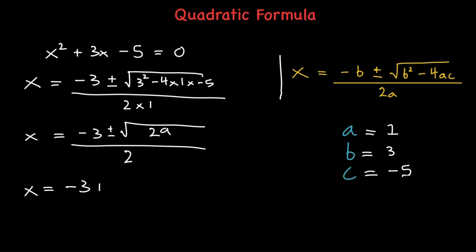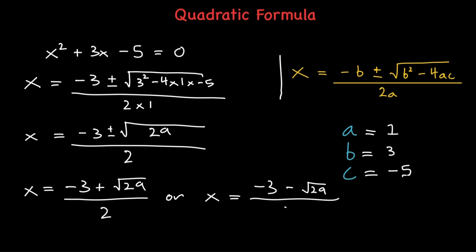So let's say plus square root 29 divided by 2, or x equals minus 3 minus the square root of 29 divided by 2.